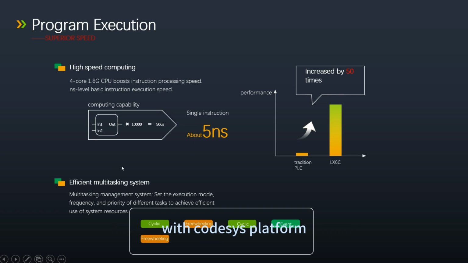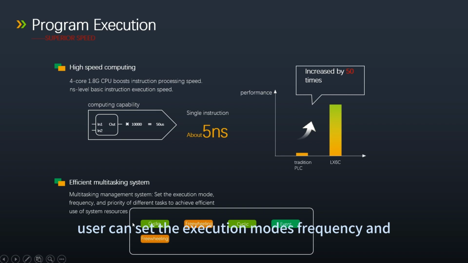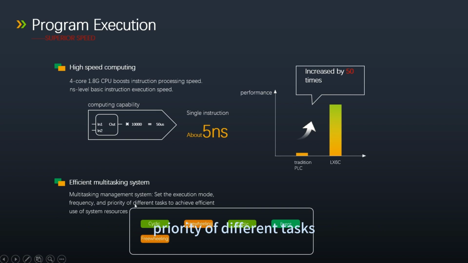With the CODESYS platform, users can use an efficient multitasking system to process the program. Users can set the execution mode, frequency, and priority of different tasks to make better use of system resources.